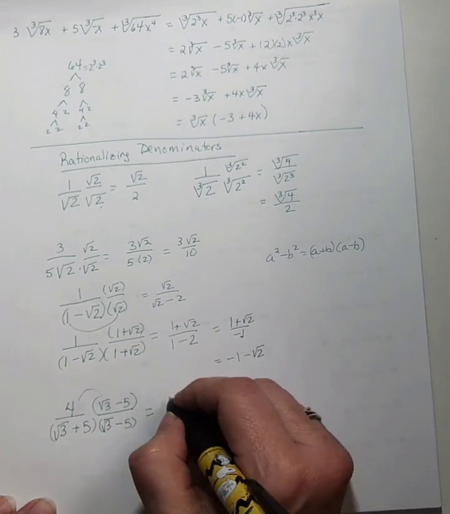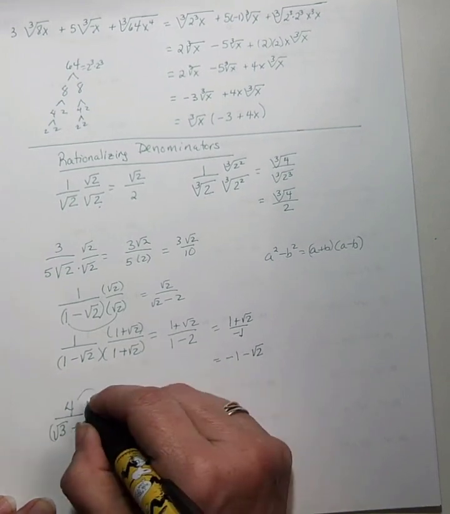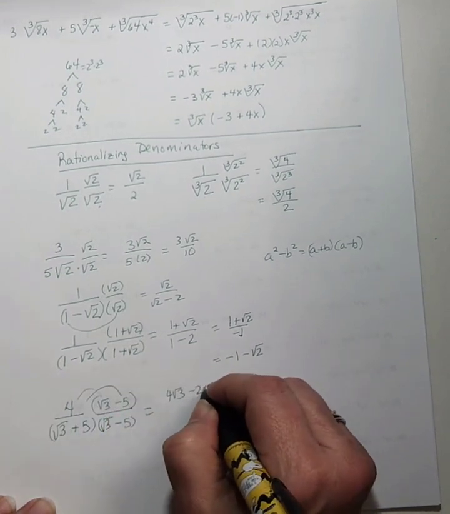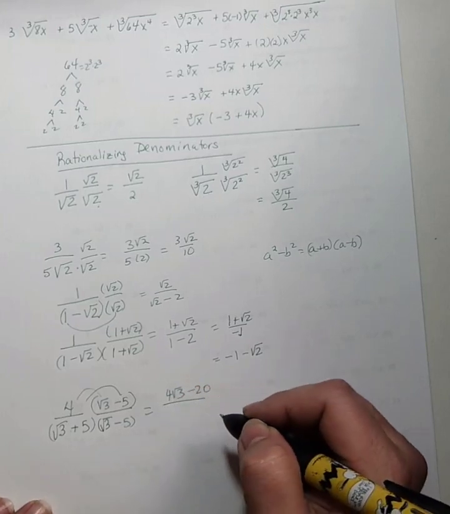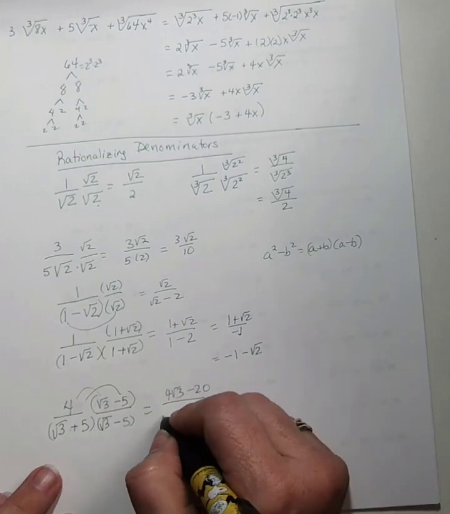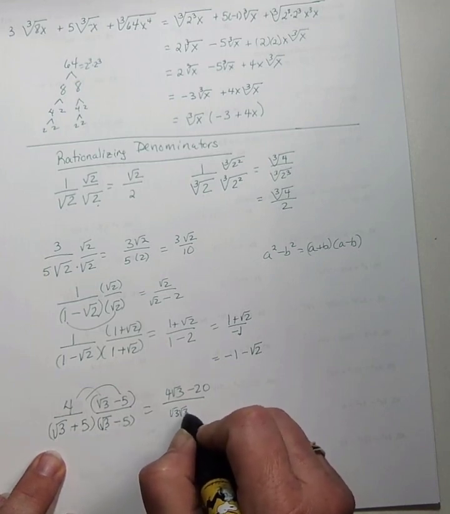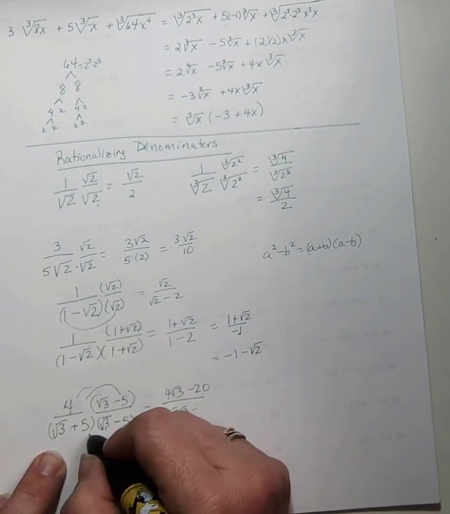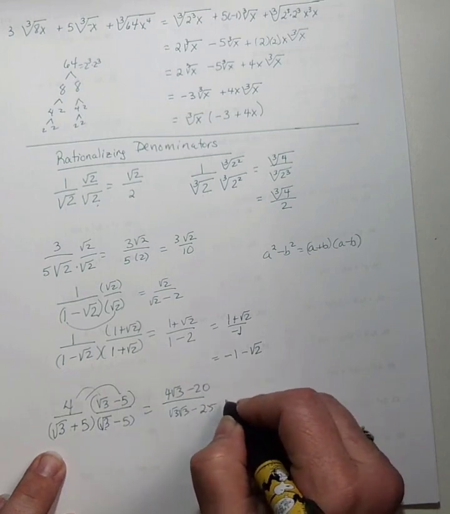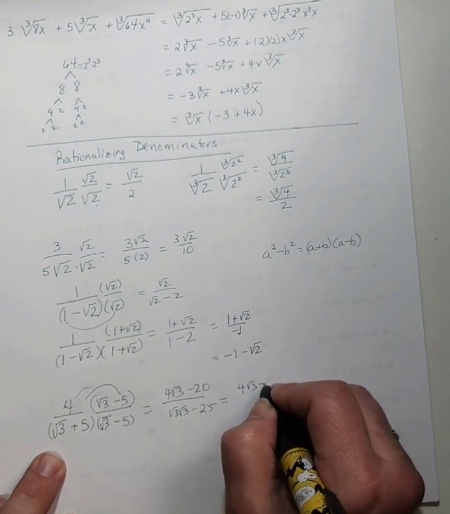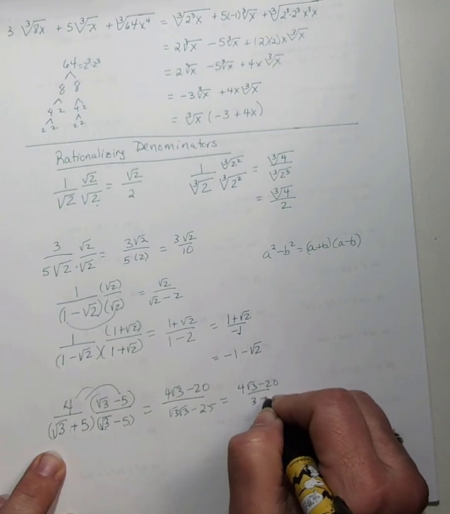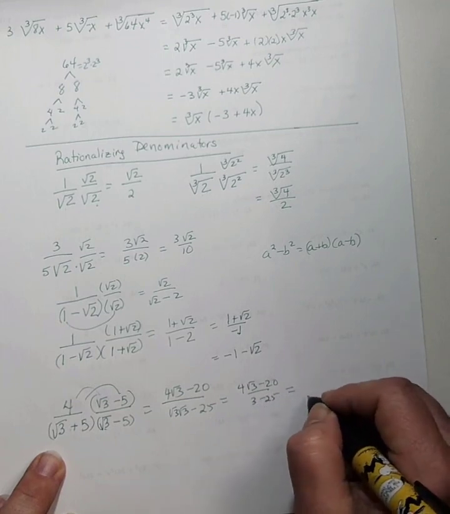So I'd say 4 minus the square root of 3. 4 minus 5 is a -20. And then on the bottom, square root of 3 times the square root of 3. Minus 5 times positive 5 is -25. So 4 square roots of 3 minus 20. 3 minus 25.